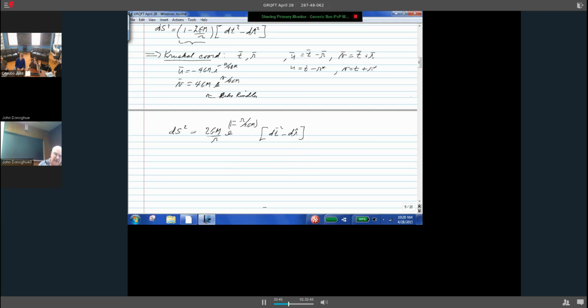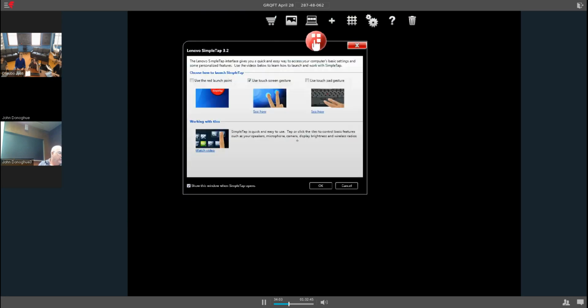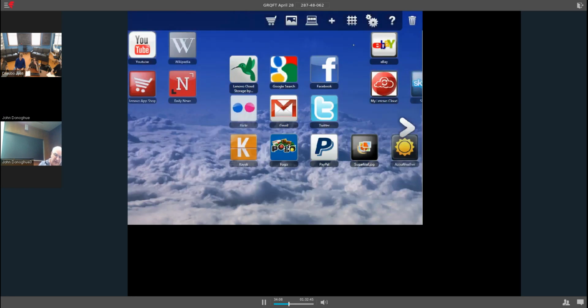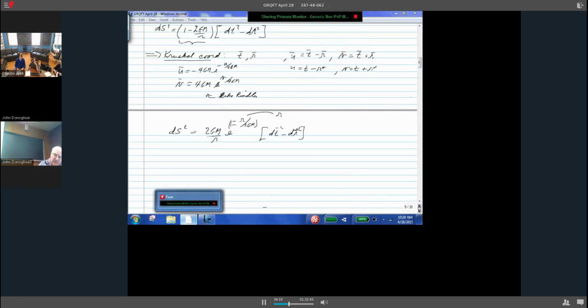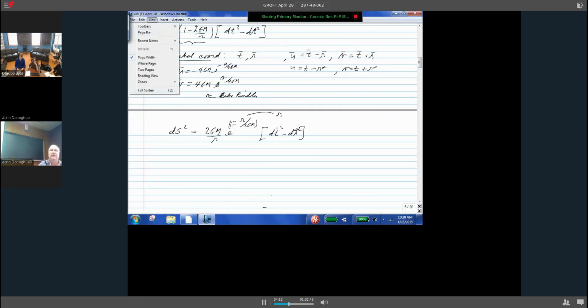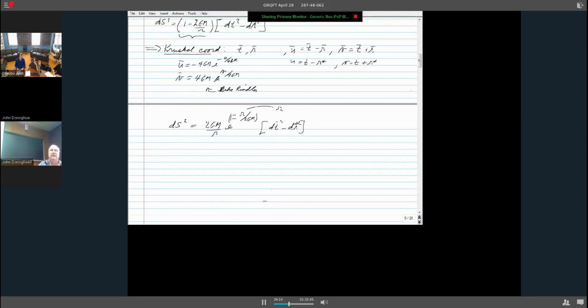Actually, let's do it this way. It's 2GM over r times (1 minus e to the minus r over 2GM), then dt bar squared minus dr bar squared. So it's still conformal.